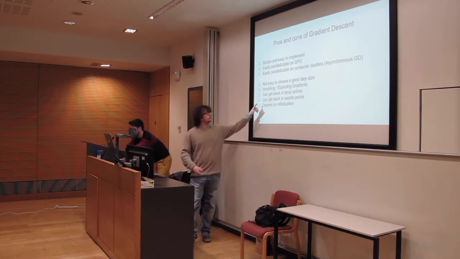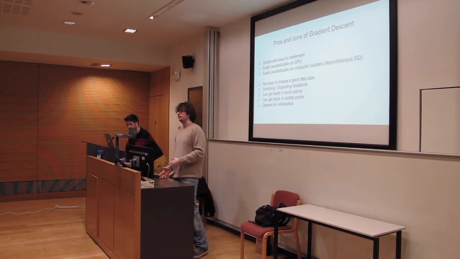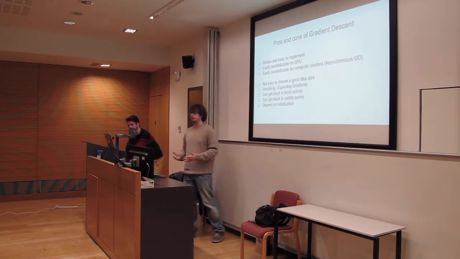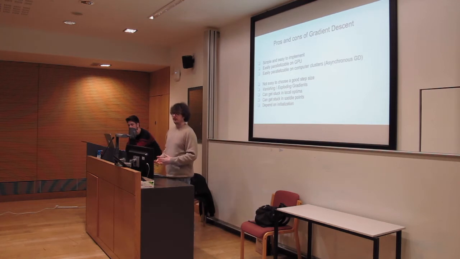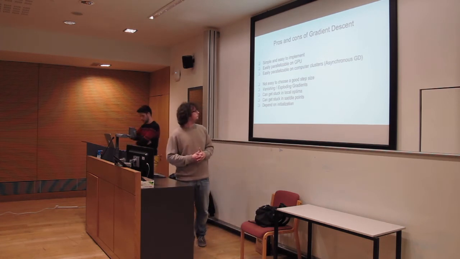Which local optimum you get stuck in depends on the initialization. So in order to get optimal results, you might want to run your training multiple times, starting from different values of the parameters, and see which is the best result you can achieve.